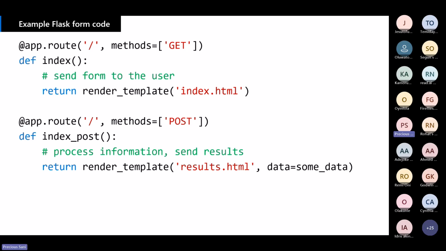And if somebody makes a get request, return index.html. That is what we are saying essentially. And if somebody makes a post request, it should return results.html based on data. Data can be anything that the user has sent in, so that's why we said some data. It can be anything at any point in time, right? Okay, so next.